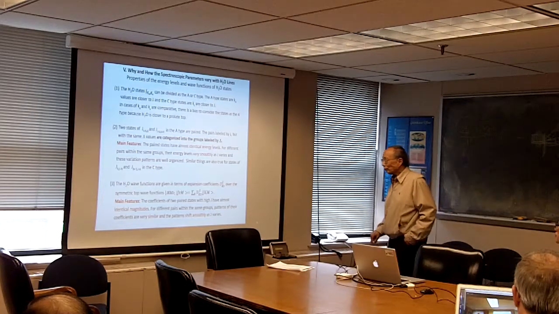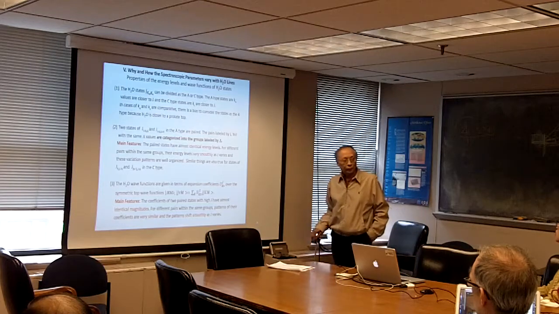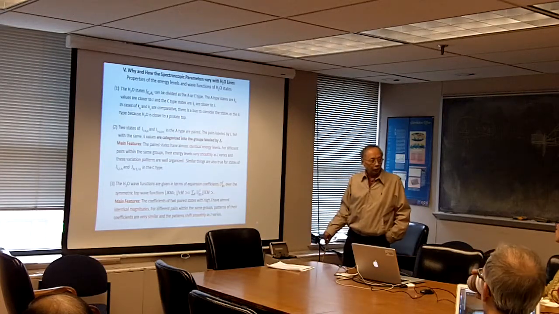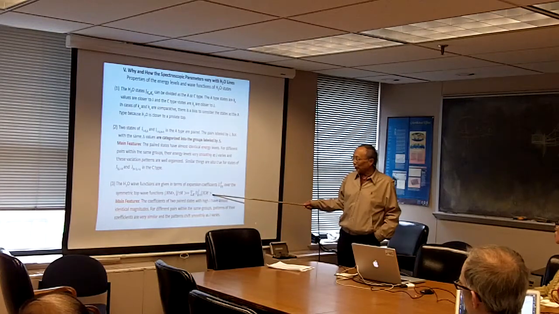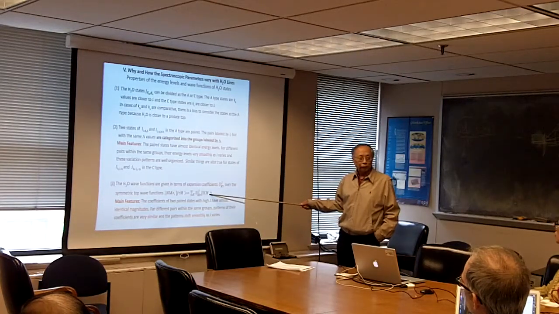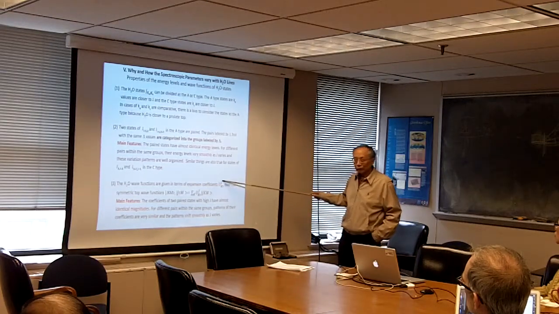Okay. The same thing happens for the wave numbers, because these are the coefficients in the expansion of the symmetric wave function. Therefore, the wave numbers depend on this coefficient.